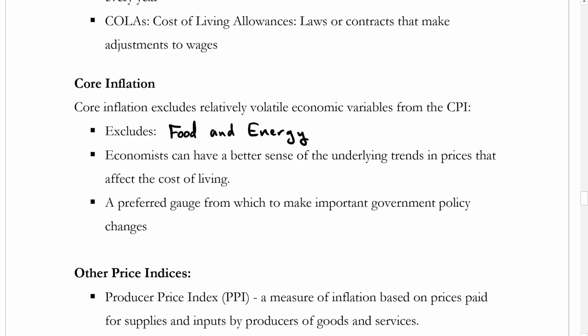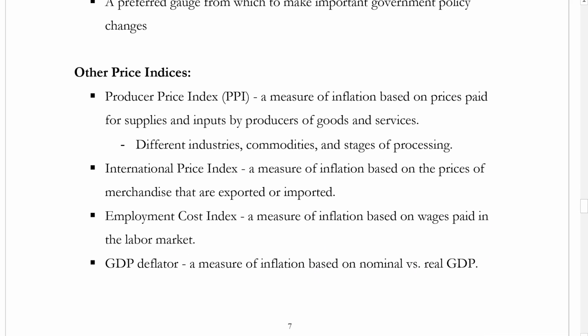Okay, and finally, the last bit for this video are other price indices. We talked about CPI, the Consumer Price Index. There's also PPI, Producer Price Index, International Price Index, Employment Cost Index, and one of the more common ones in economics is the GDP deflator. And so for this kind of introductory level of macroeconomics, it's sufficient enough just to know that these other measurements exist.